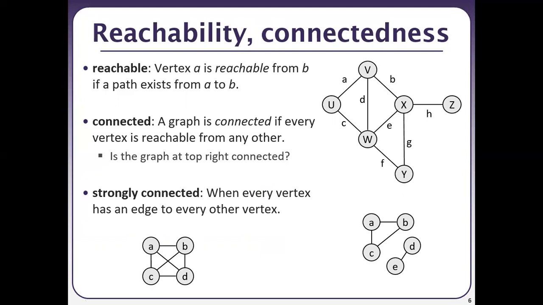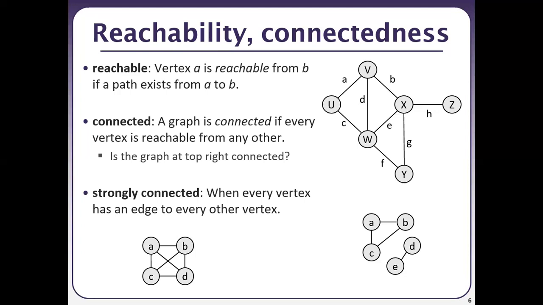For example, V and Y are reachable using the V, W, Y path or the V, X, Y path. Even Y and Z are reachable through Y, W, X, Z or Y, W, V, X, Z. So more paths are available.